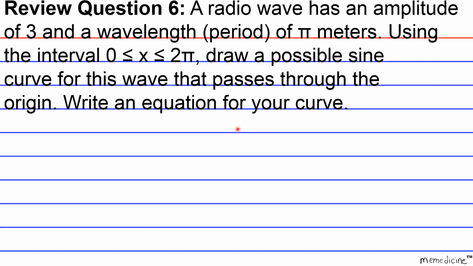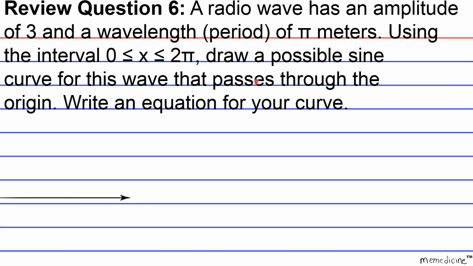All right, so hopefully by now you were able to come up with a solution, and if not, that's completely fine. Let's try this together. So since the period is pi and the curve is graphed on the interval from 0 to 2 pi, we're given all this information. What we need to do is depict 2 complete cycles of a sine wave, okay?